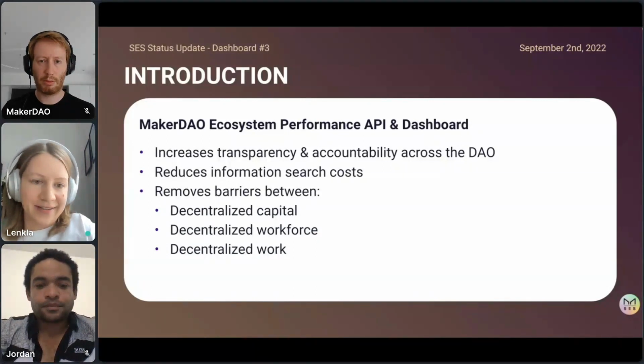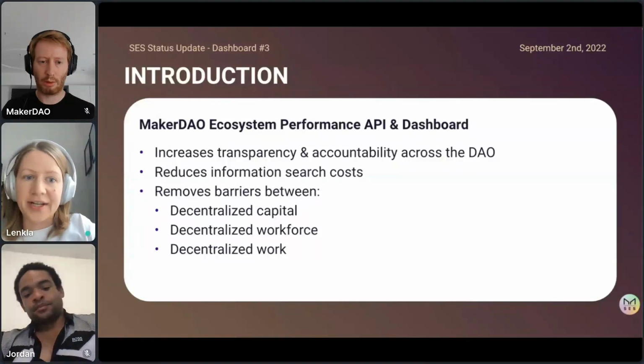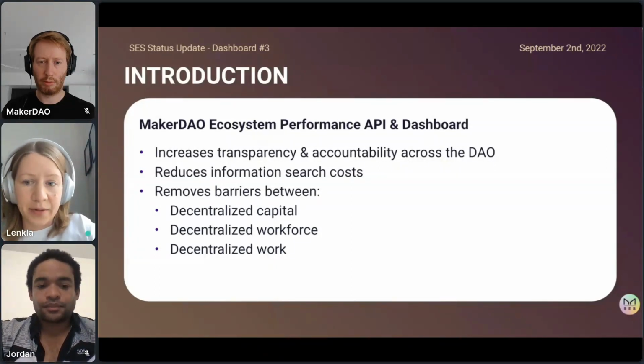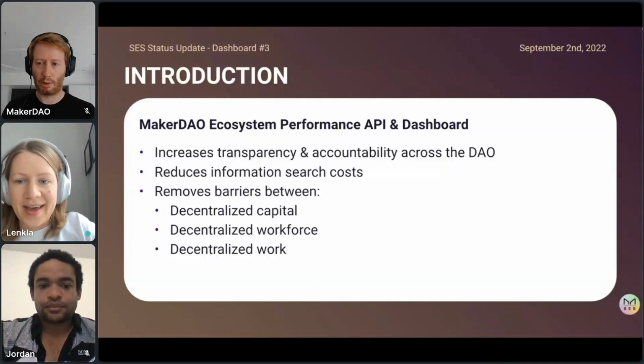We have also identified that there is a lot of information, and finding this information in various formats creates a significant burden. So we have been focusing on ways of finding solutions to how to reduce this information search cost. And this is basically one of the solutions we came up with.